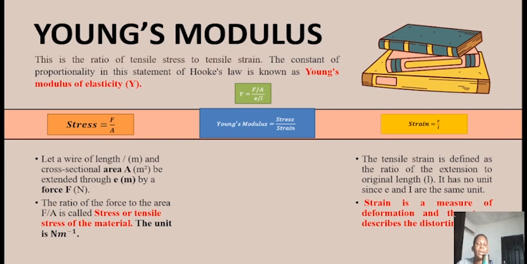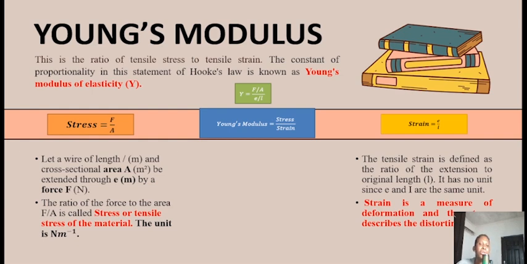So let's go to our strain now. Our strain is equal to extension over length. And don't forget, extension is measured in meter, length is measured in meter, so the two of them will cancel each other. So strain does not have any unit.